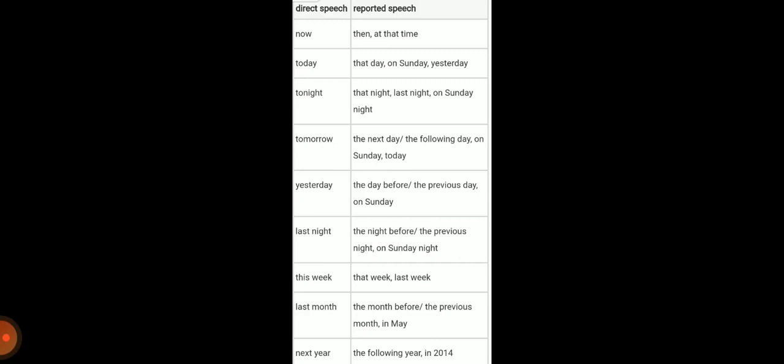Has, have will be changed into had, and had again will not change. Is, am, are will be changed into was and were according to their subject, and was and were will be changed into had been, and had been will not change.